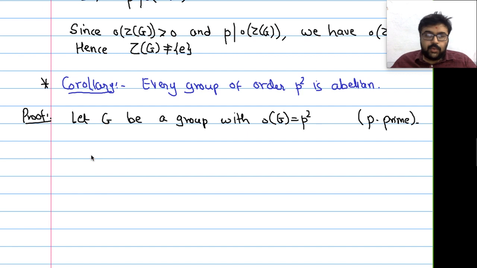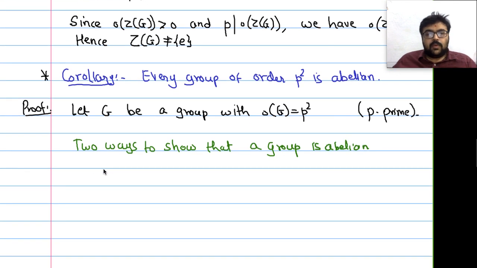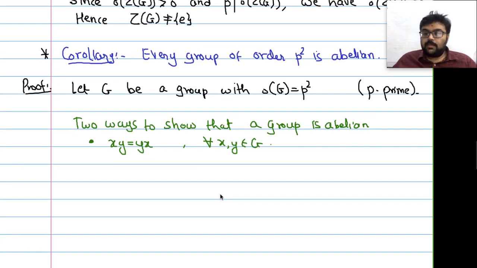So now there are two ways to show that the group is abelian. Don't write this down, I am just explaining. One way is this: we show that every pair of elements in G commutes, so xy equals yx for every x, y in G, the direct method.